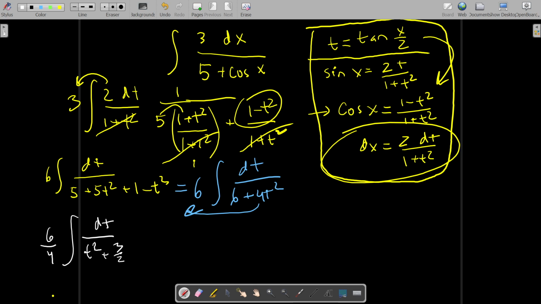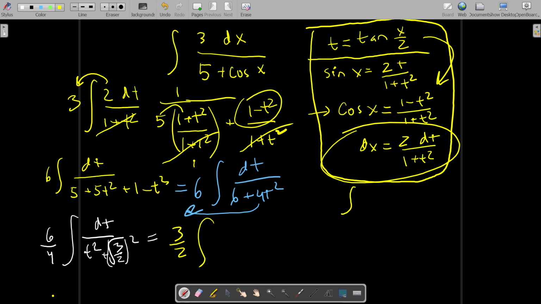What I'm going to do is rewrite this as square root of 3 halves squared, just because then we can use our inverse tan formula. So then next, let's simplify a little bit. 6 over 4, we're going to rewrite that as 3 halves. Then we have a formula. Let me call it to the side here.